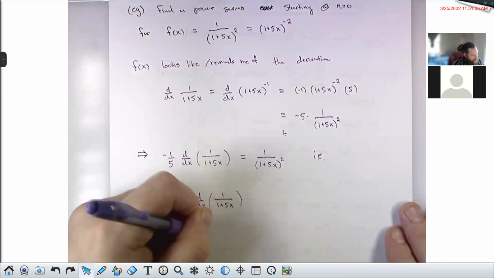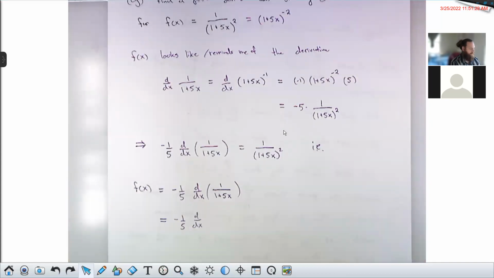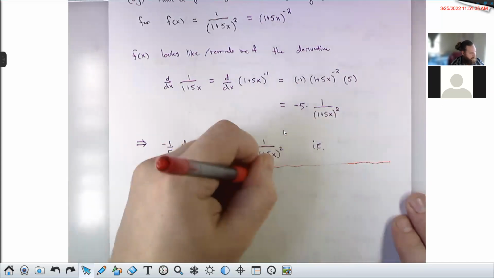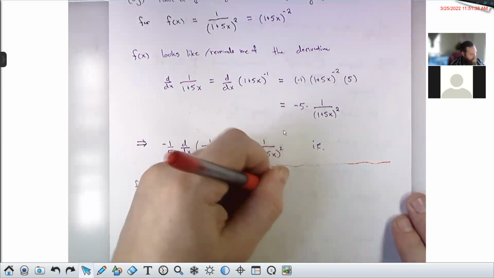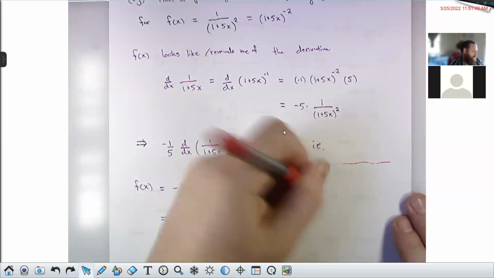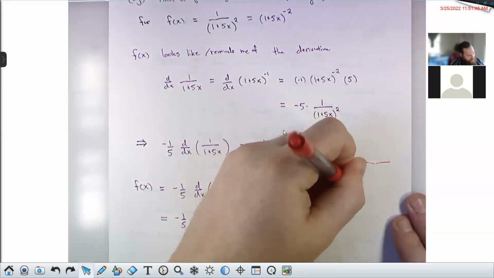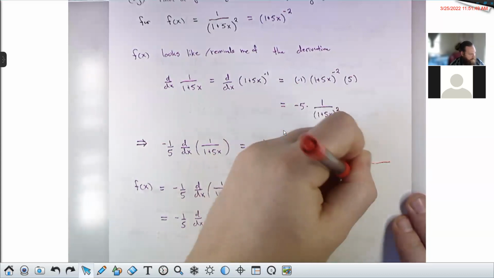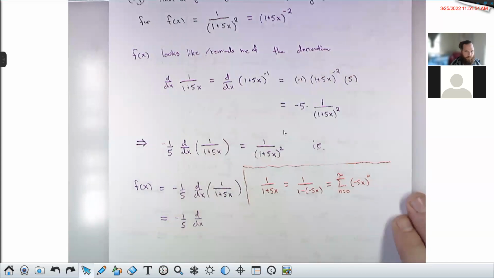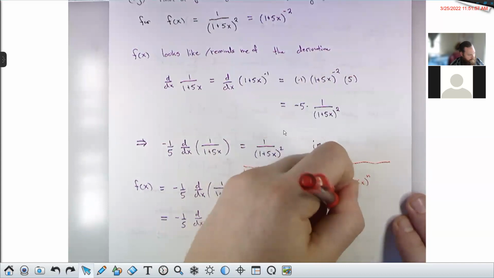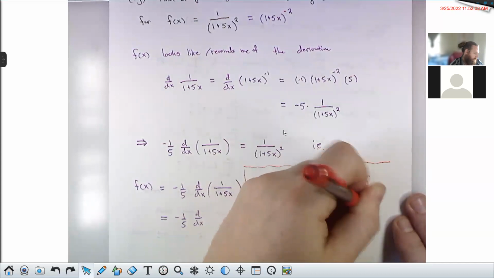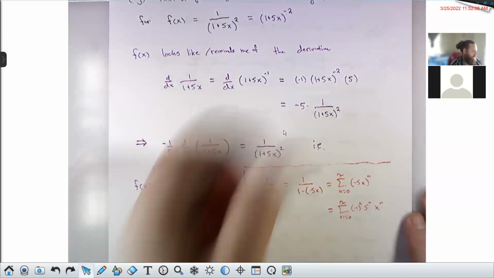-1/5 d/dx. I want to find a series for this guy. Let me do that off to the side here, because it's just the geometric series trick. 1 over 1 plus 5x is 1 over 1 minus -5x, which is sigma n from 0 to infinity, (-5x) to the n, which is sigma n from 0 to infinity, (-1) to the n, 5 to the n, x to the n.